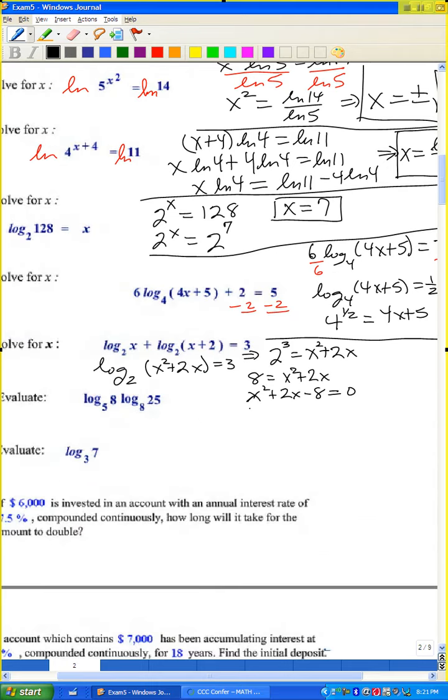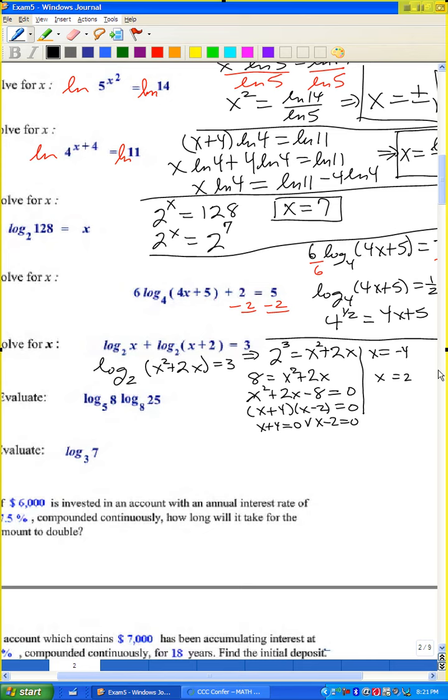And so I have here (x plus 4)(x minus 2) is 0. And so setting these factors to 0, I have x plus 4 equals 0, or x minus 2 equals 0. So x is equal to negative 4, or x is equal to positive 2.